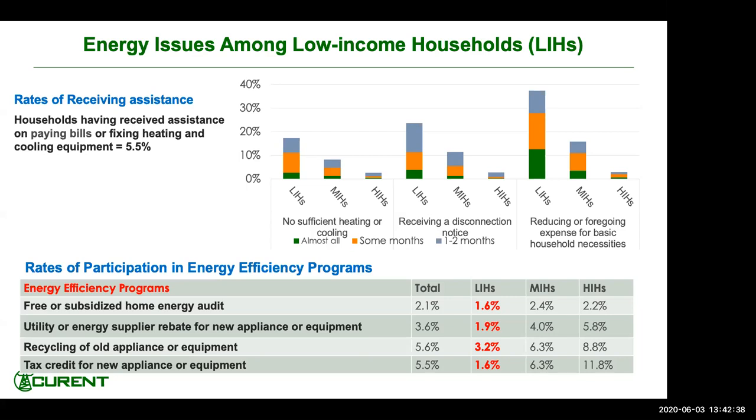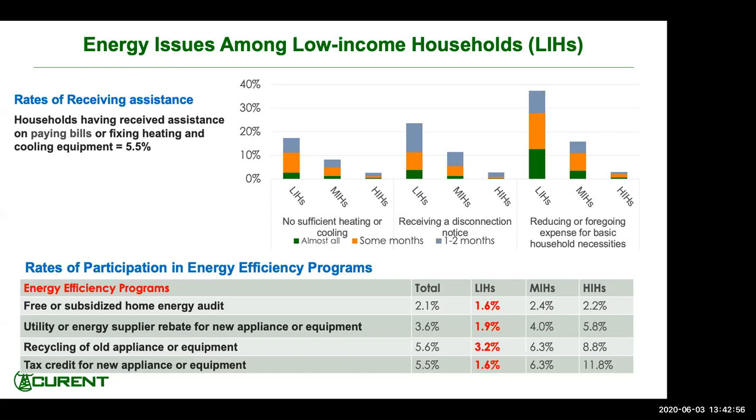There are a lot of factors behind these statistics, but I can summarize that low income is because they are renter status. So they cannot change anything. And then it could be lack of knowledge as well.